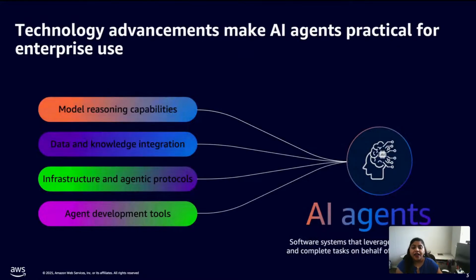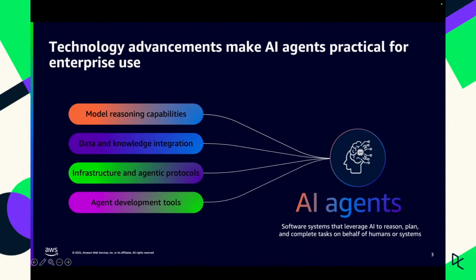Technology advancements make AI agents practical for enterprise use. What does that mean? Moving agentic AI from buzzword to business reality requires four critical building blocks. First, we need smarter AI models that can actually reason through complex problems and not just generate text. Second, agents must connect to real company data, your databases, documents, your systems, so that they can provide meaningful insights rather than generic responses.